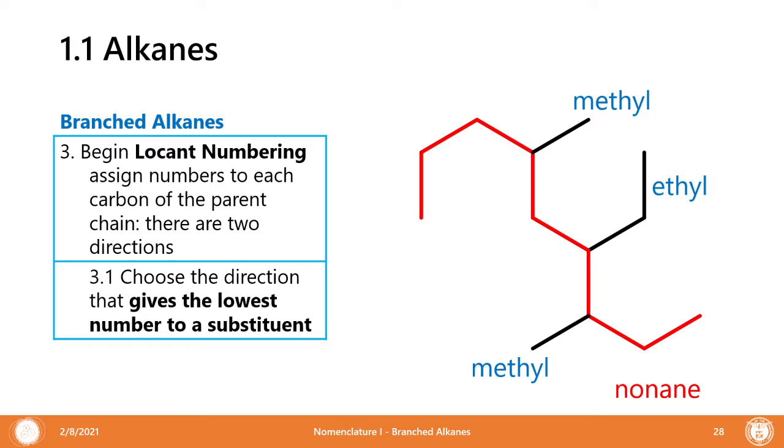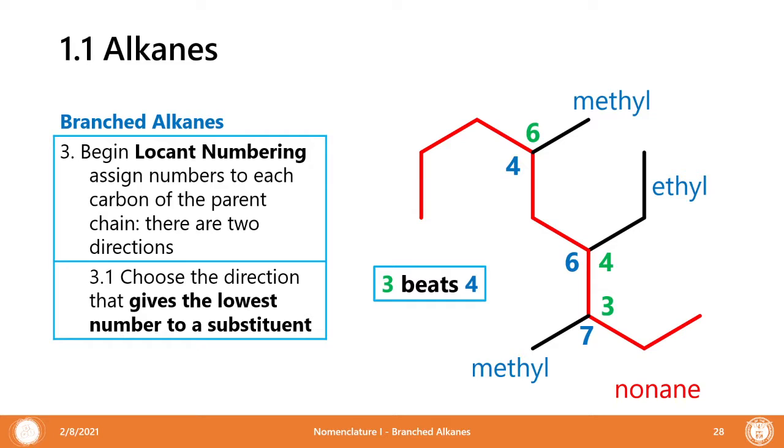So what we first do, we can draw both directions actually. We can start from the right, the green path, 1 to 9, and we can start from the left, 1 to 9 as well. Now what we want to do is choose the direction that gives the lowest number to a substituent. Here are the numbers that we have.